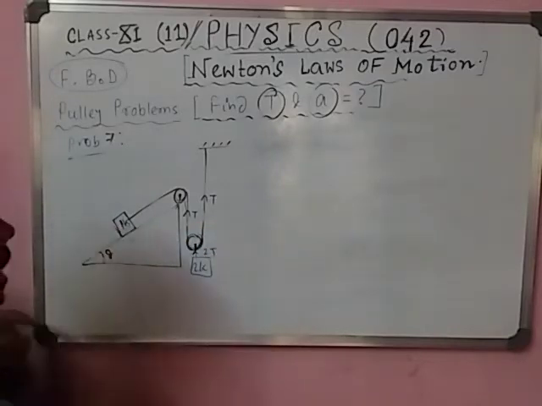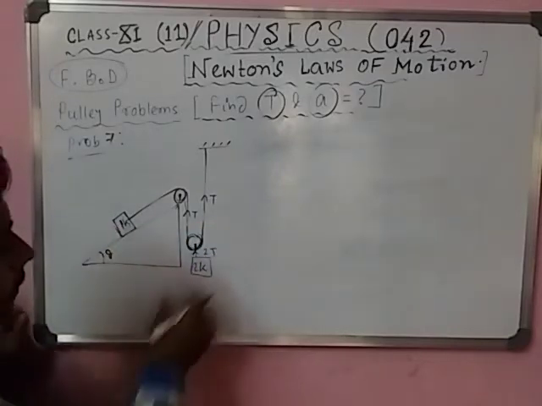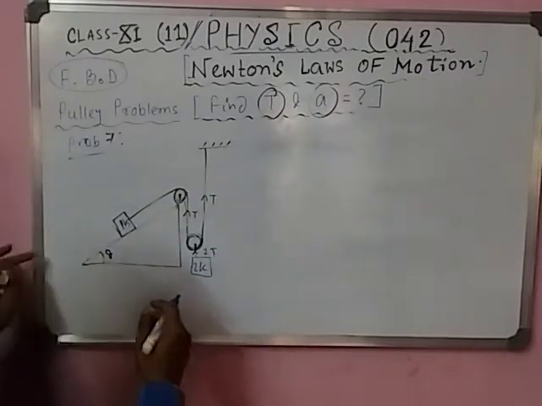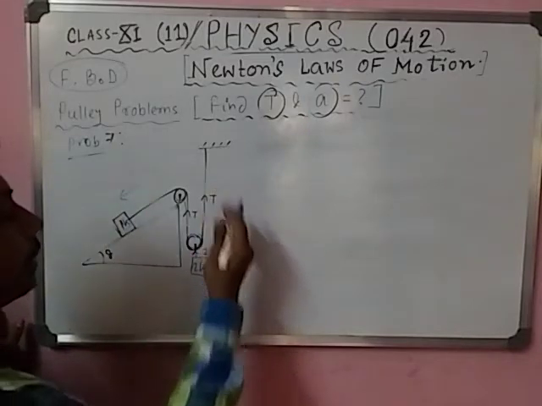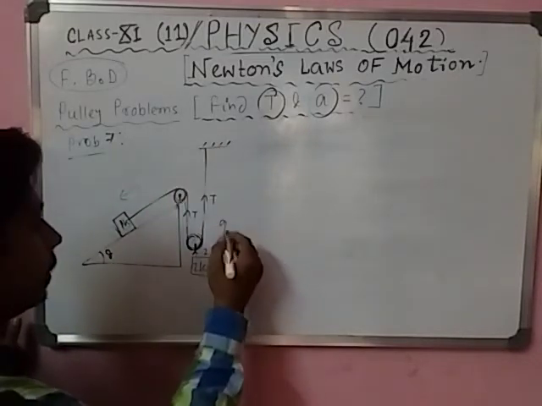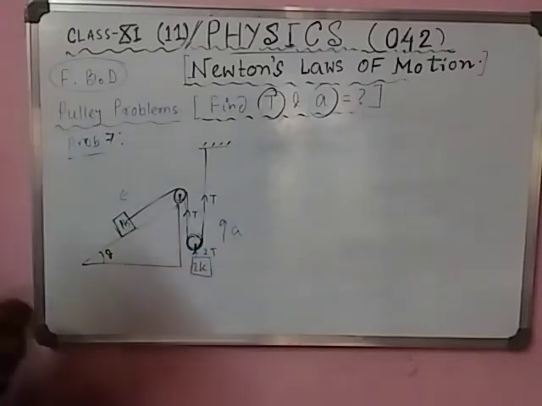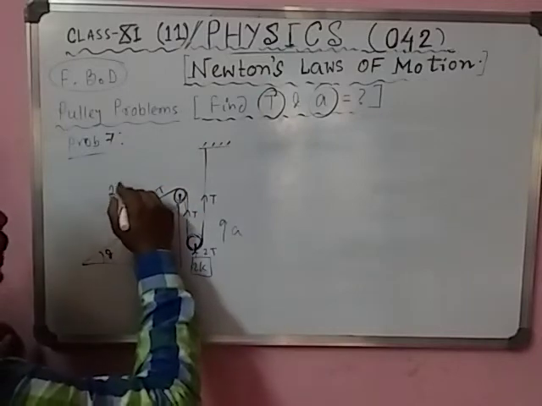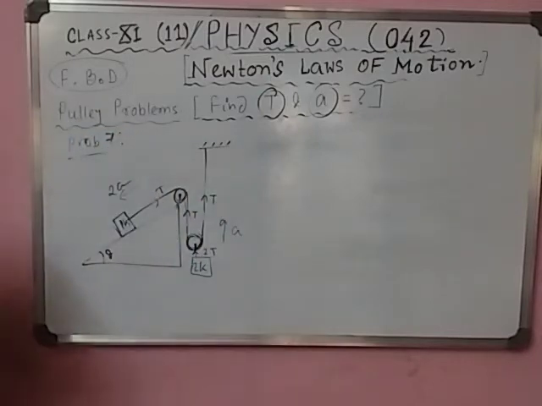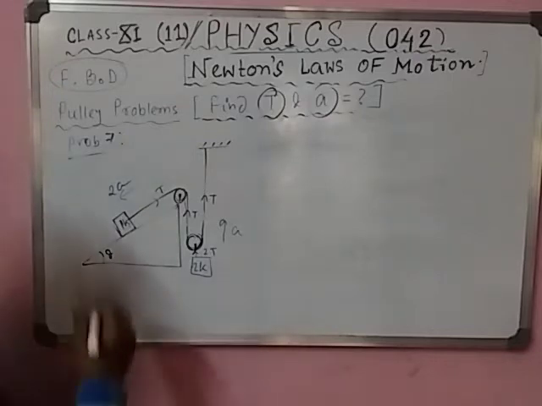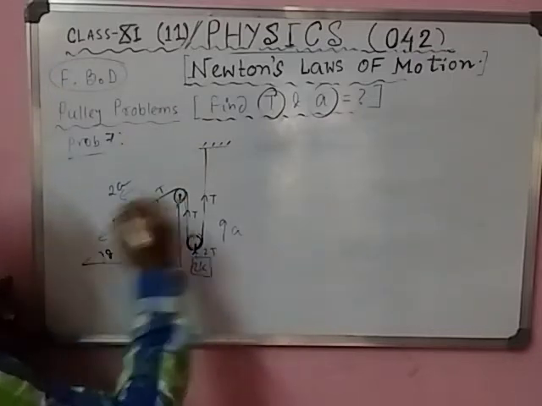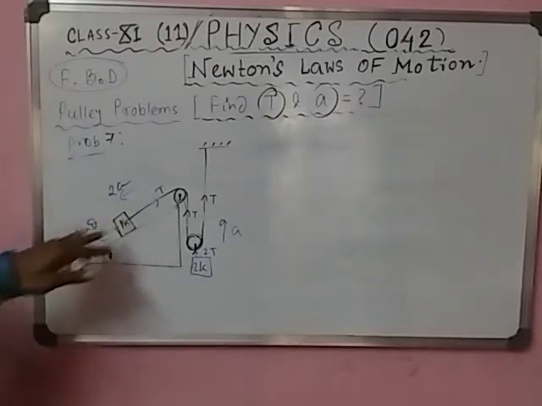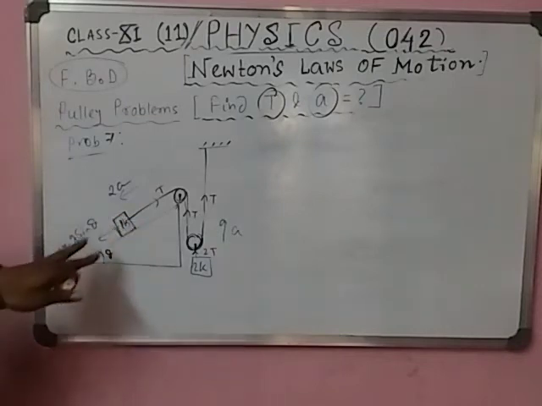Now you know if here the tension is 2T, then if this is the acceleration direction, the body rises with acceleration a, and here the acceleration will be 2a. Now the downward force is m1g sine theta.